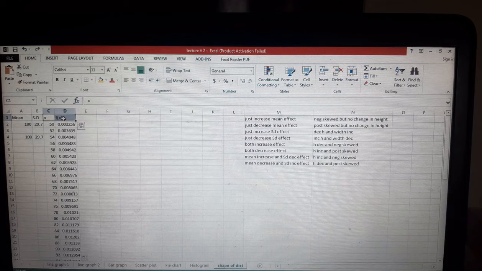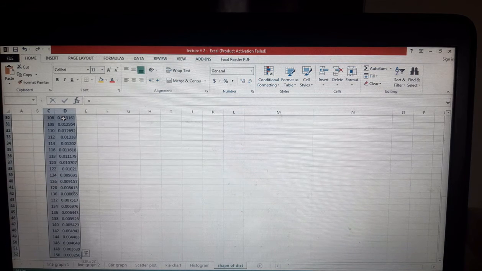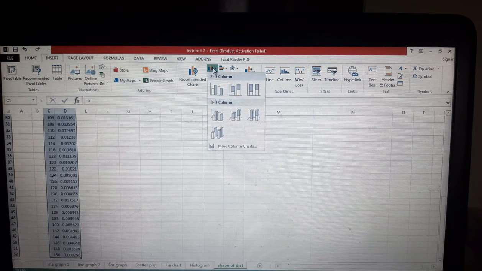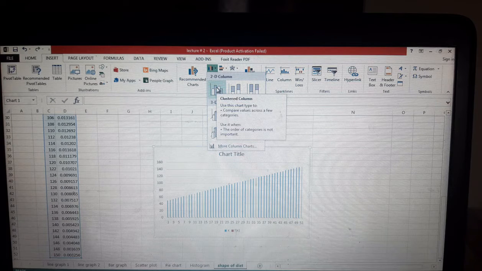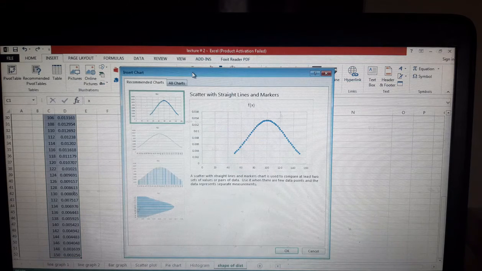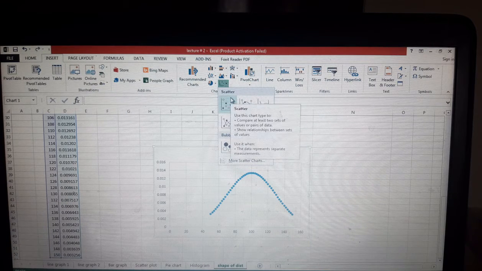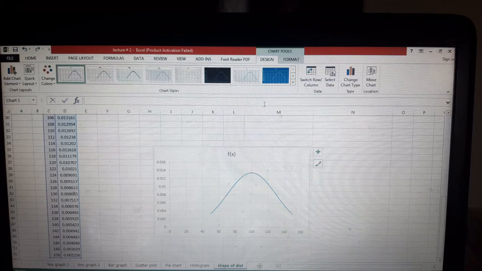Control Shift, hit down arrow key, click insert, insert column chart, click insert, insert scatter with smooth lines.